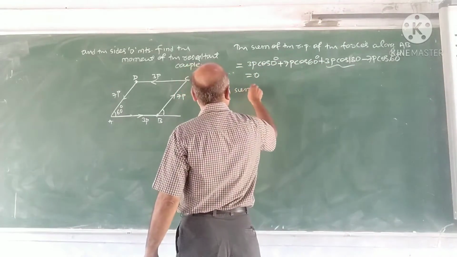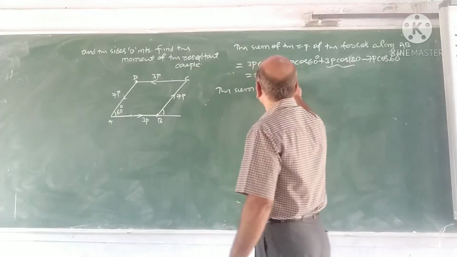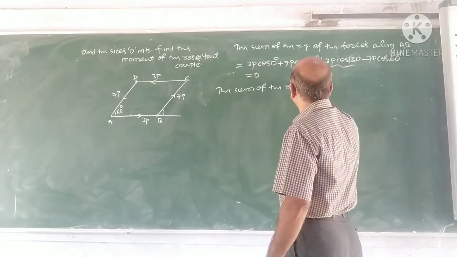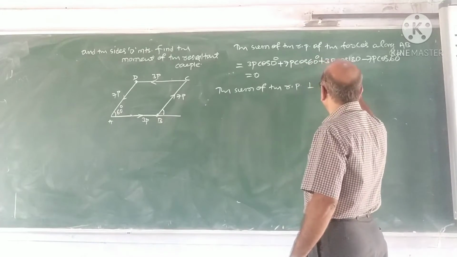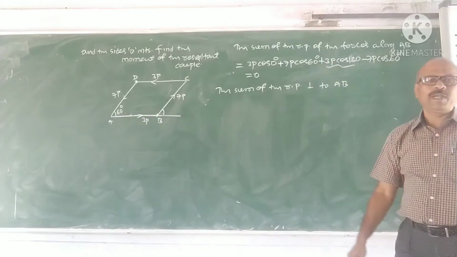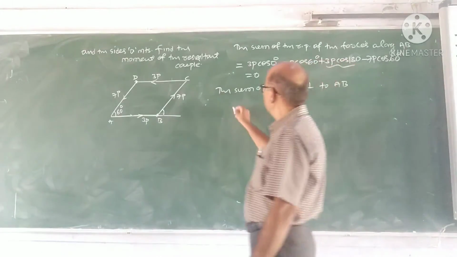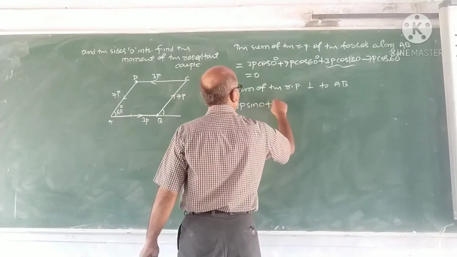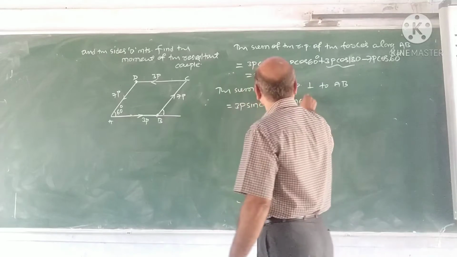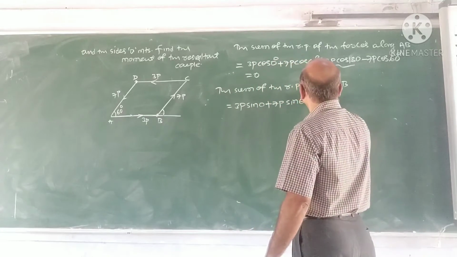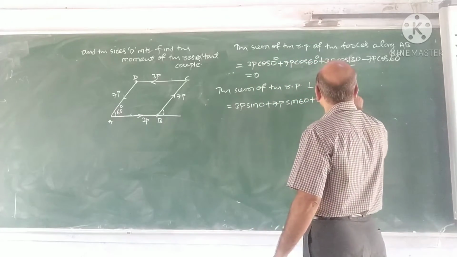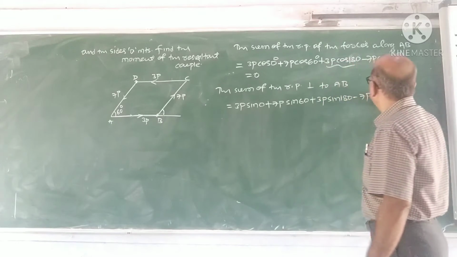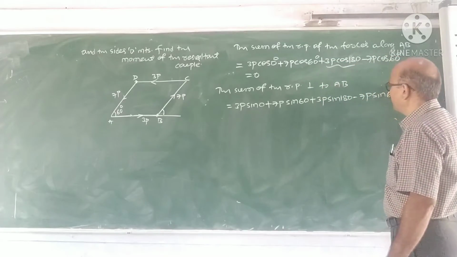The sum of the resolved parts perpendicular to AB is 3P sin 0, 7P sin 60 plus 3P sin 180 minus 7P sin 60.